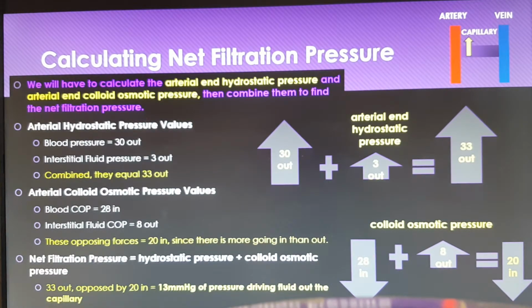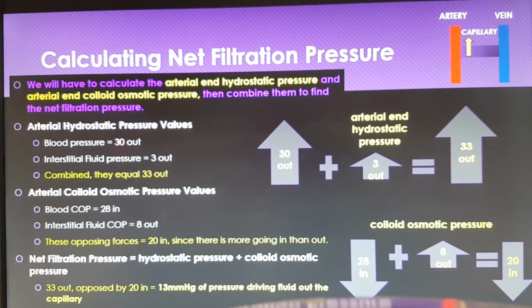So to calculate your net filtration pressure, which is on the arterial end, it's a combination of your arterial end hydrostatic pressure as well as your arterial end colloid osmotic pressure. For your arterial end hydrostatic pressure, it's a combination of your blood pressure as well as the interstitial fluid pressure.